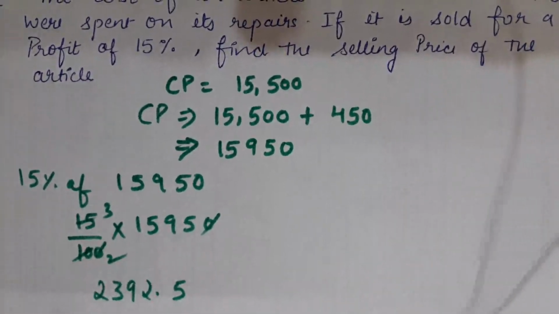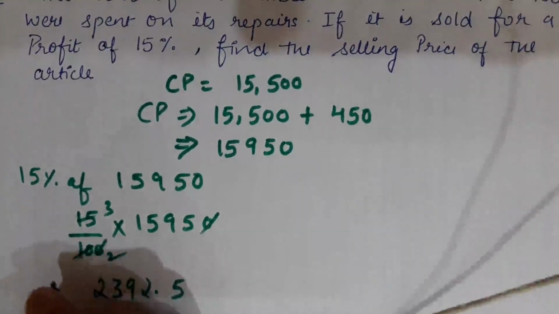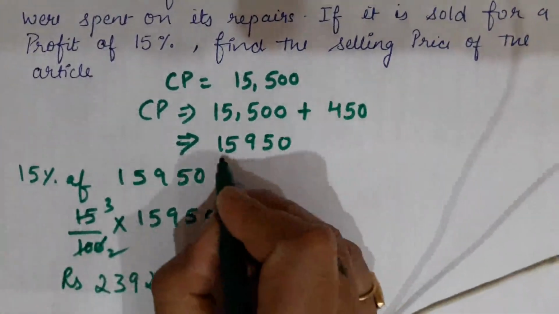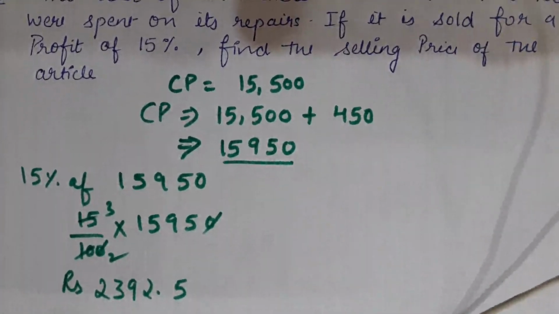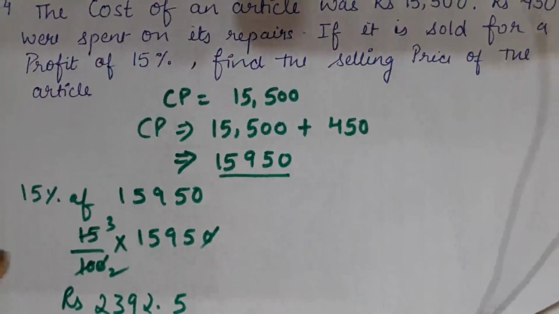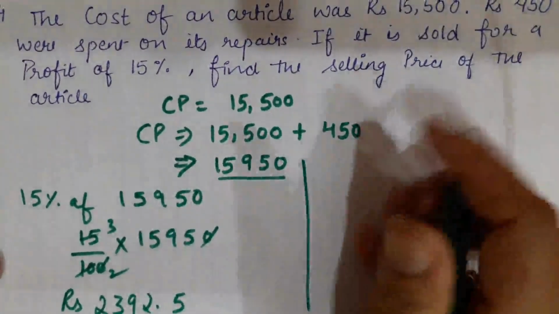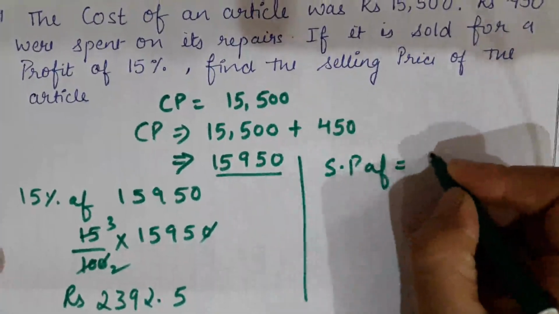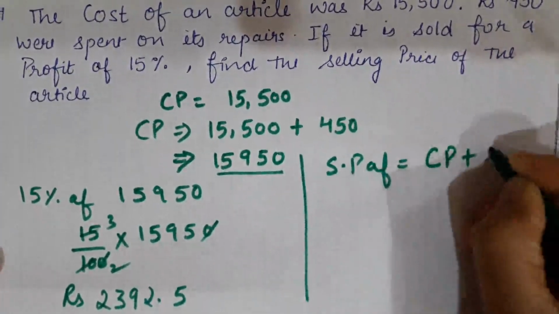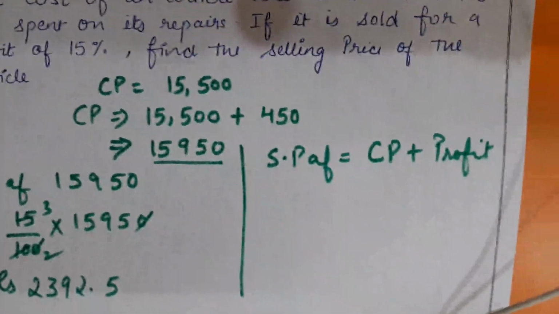So 15% profit means 2392.5. So this will be your profit when you are selling this article. Okay, so what will be the selling price of that article? It means cost price plus profit.